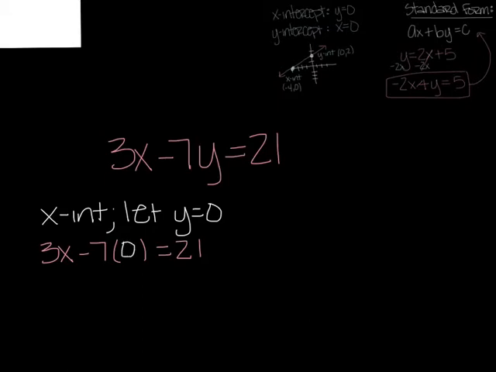Remember, anything times 0 is 0, so we have eliminated that term, leaving us with just 3x equals 21. If we divide both sides by 3, we find that x equals 7.